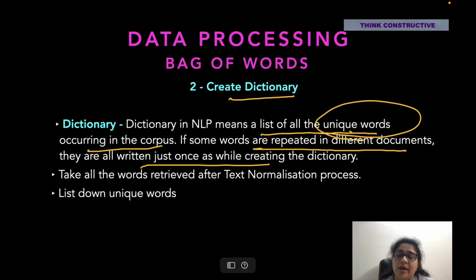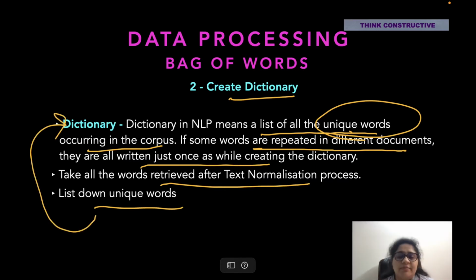So that will give me a dictionary. Take all the words retrieved after text normalization, and then list down unique words. That will give me the output as dictionary.